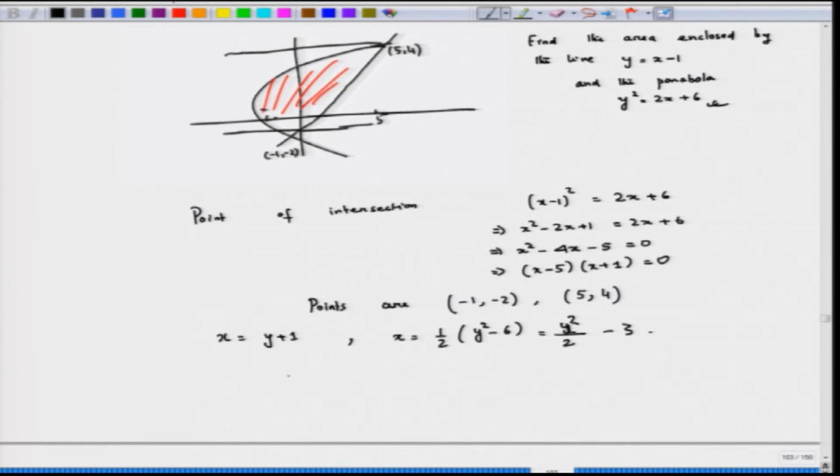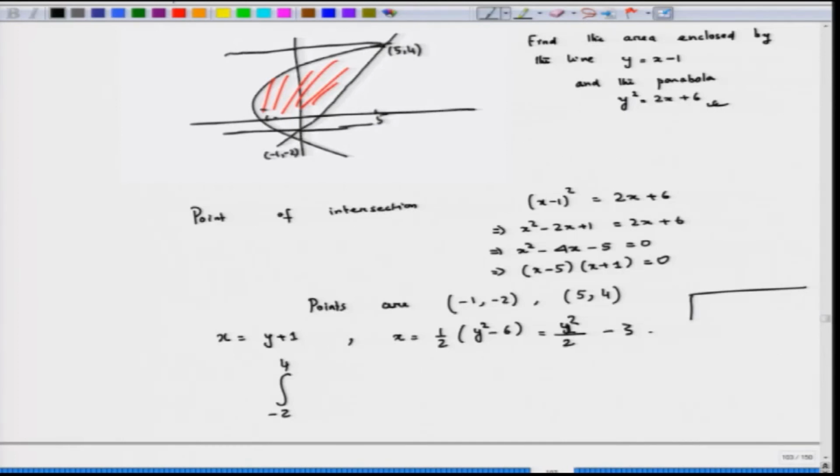So, what we write is that y is from minus 2 to 4. Now, you are looking at it from the y point of view, so obviously this line is going to dominate, and the parabola will lie under it.